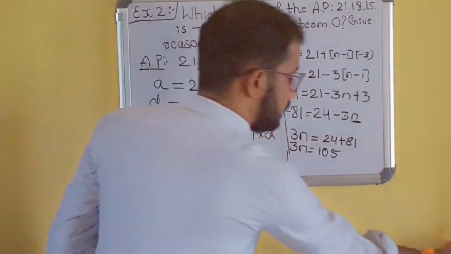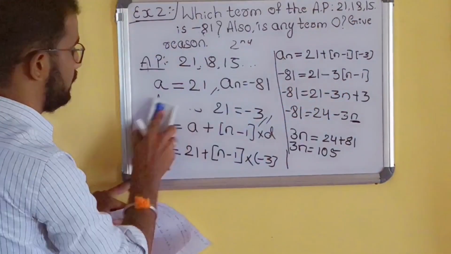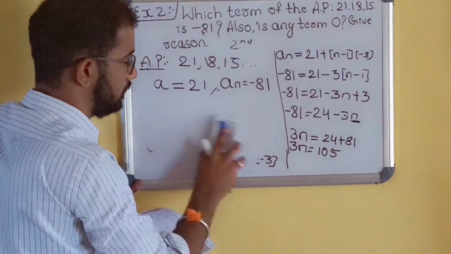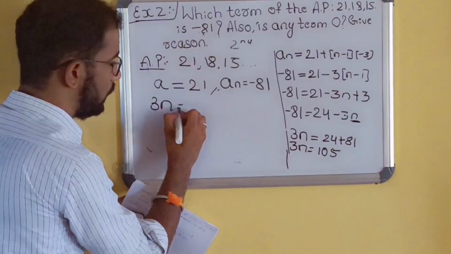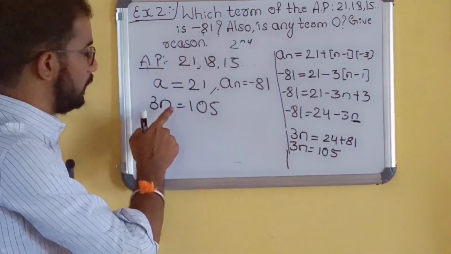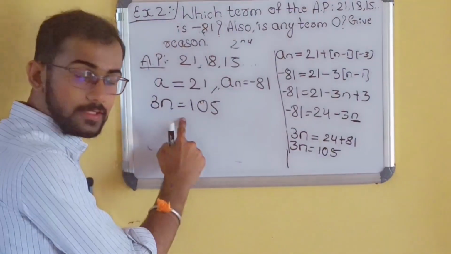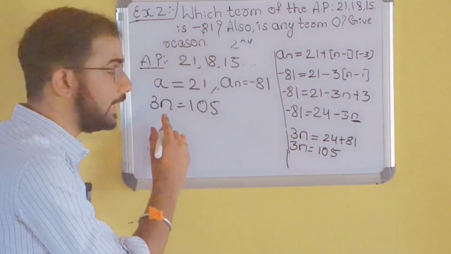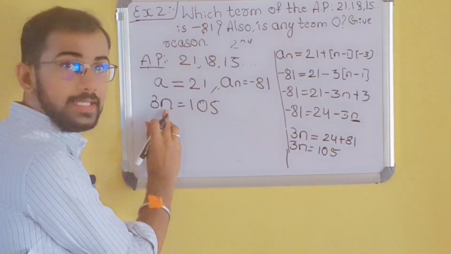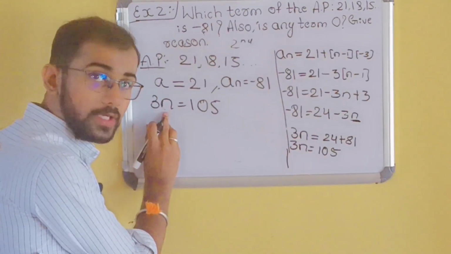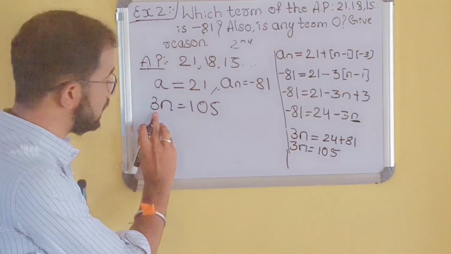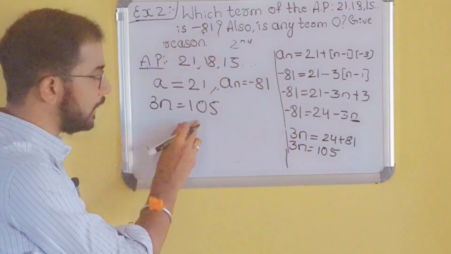Now 3n equals 105. In this equation, we need to calculate the value of n. So in order to find n, we need to shift this 3 to the other side.